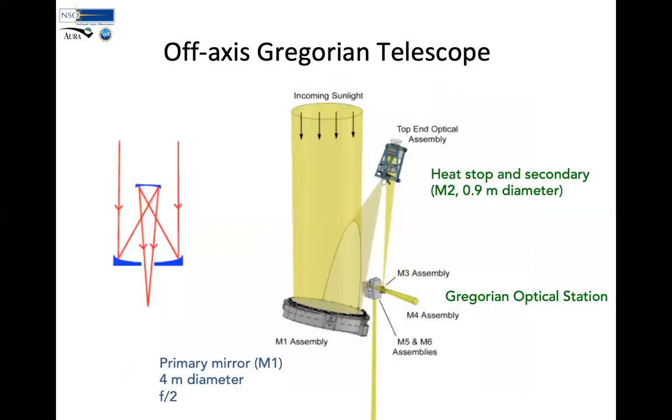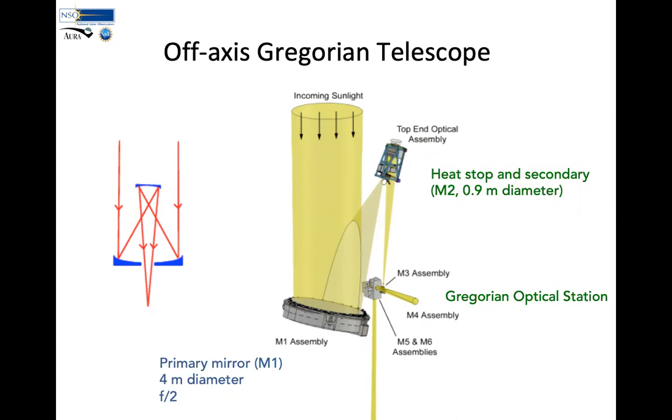So the DKIST is a Gregorian telescope, and I don't know how many of you know, but a Gregorian is a telescope where you have a prime focus, which is the focus of the primary mirror, which is before the secondary mirror, right? Most times, the telescopes are on axis.